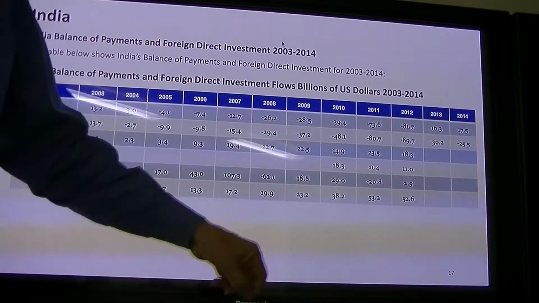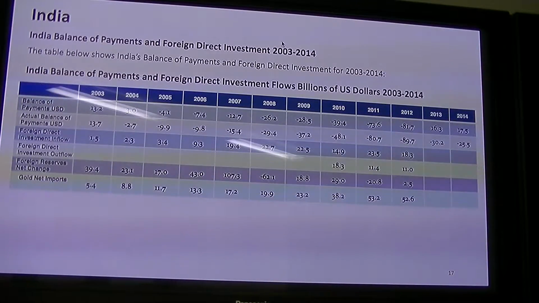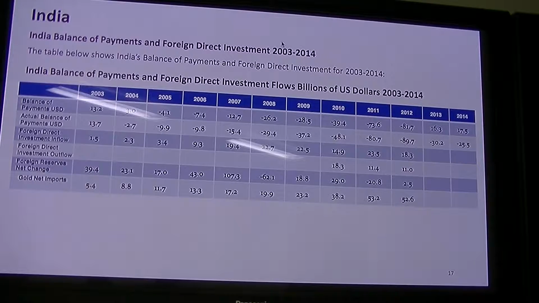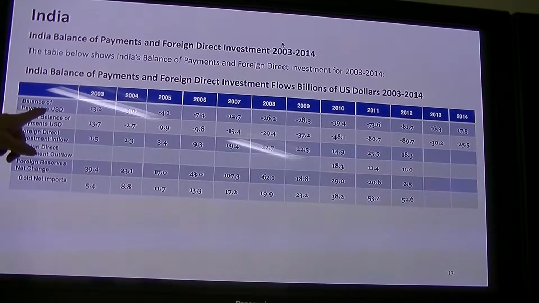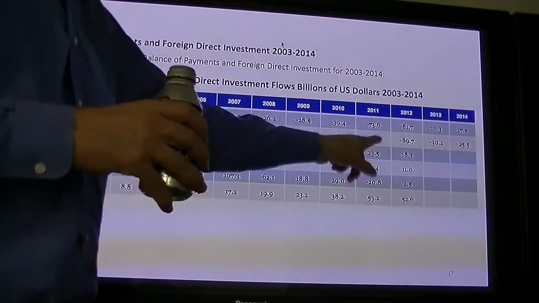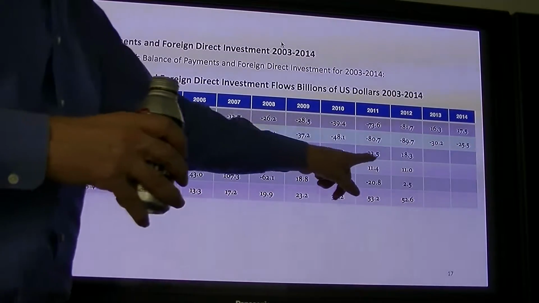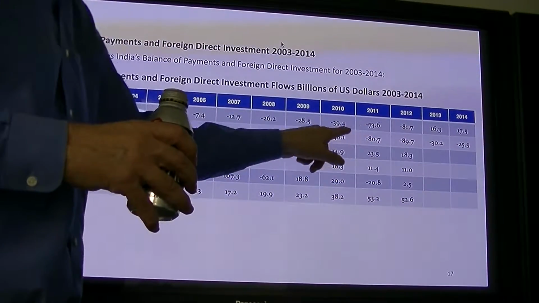So we want to find out what's causing this change in the balance of payments. The interesting thing here is this figure, especially 2011. I want you to look at 2011, 2012, a very large balance.